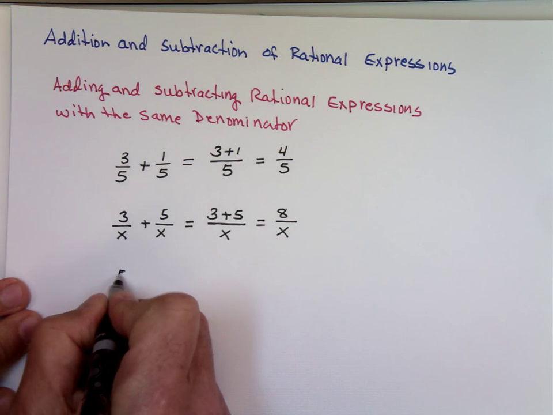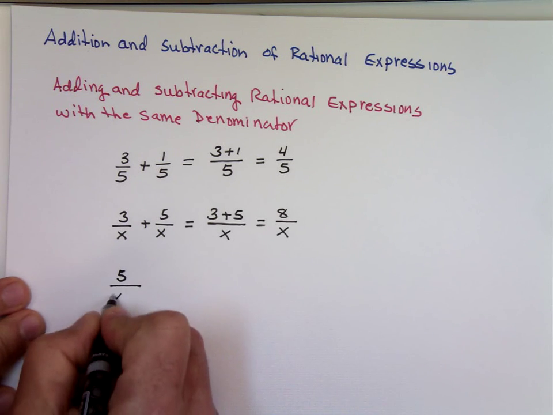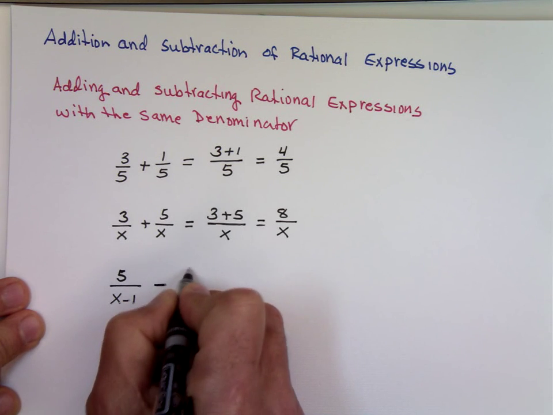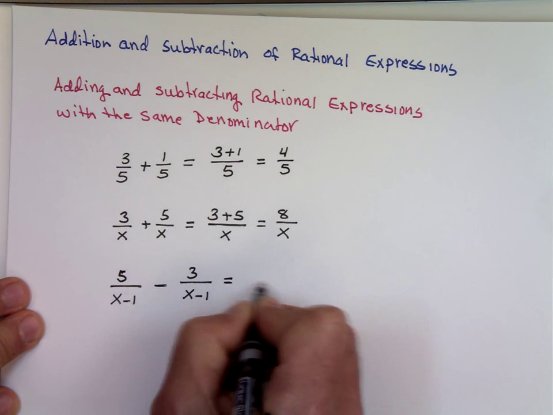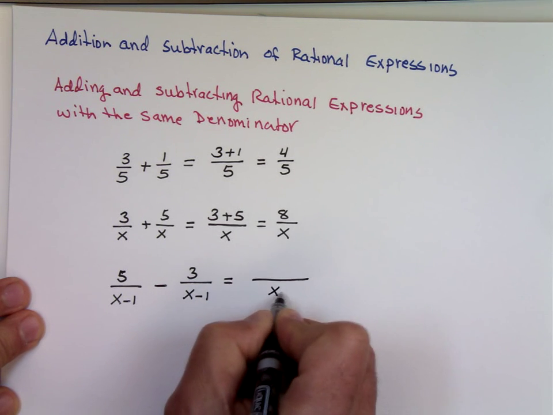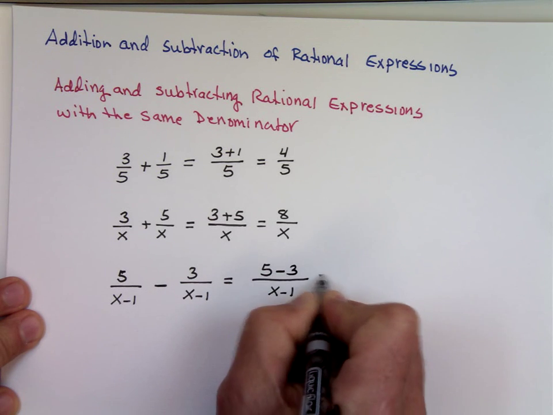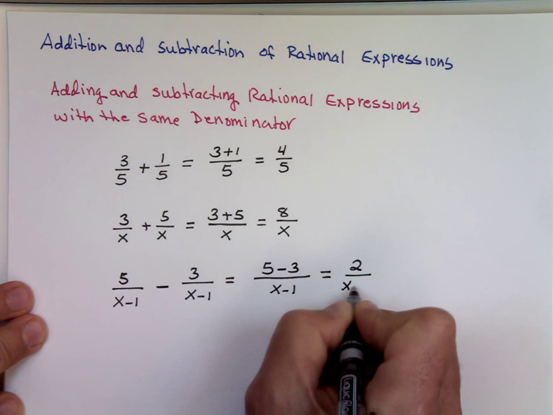I might have 5 over x minus 1. I want to subtract from it 3 over x minus 1. Again, the same denominator. X minus 1, 5 minus 3, which is 2 over x minus 1.